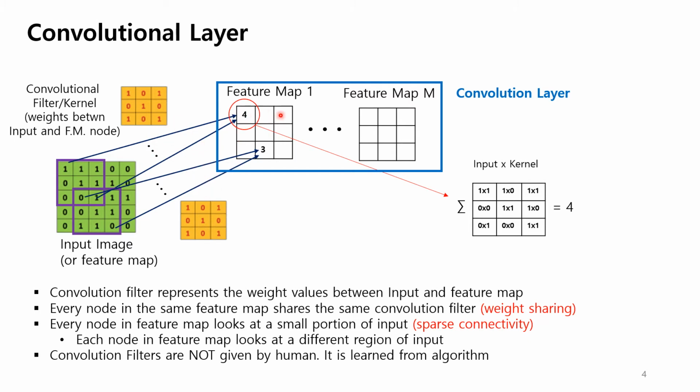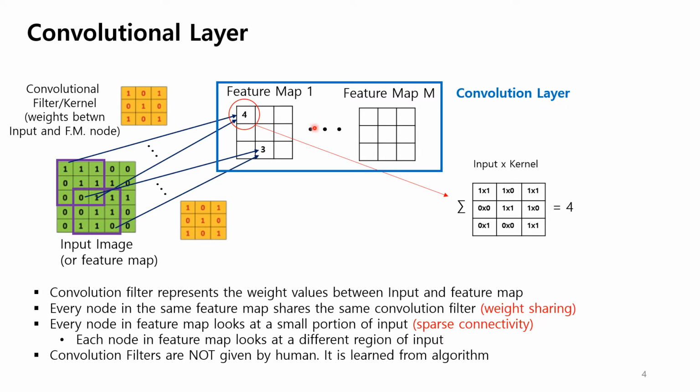These are the differences in the convolution layer. By the way, these weight values between the feature map node and the input nodes are called a convolution filter or kernel. But basically, what it means is these are the weight values between this feature map node and the input image.